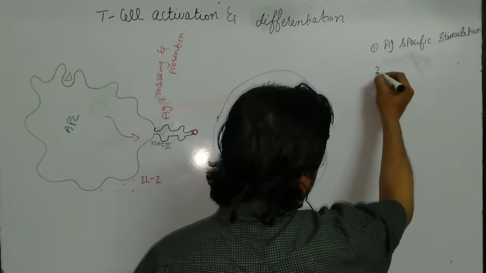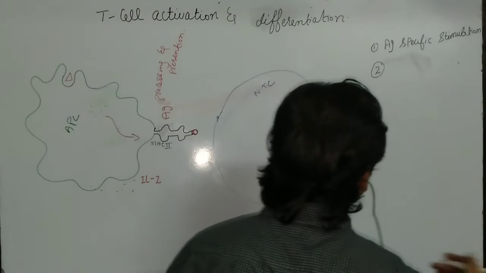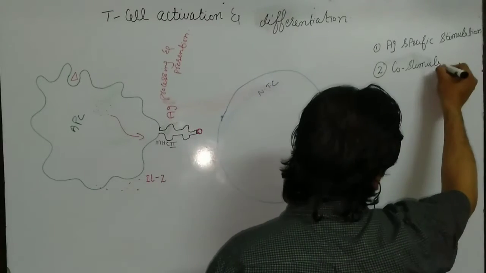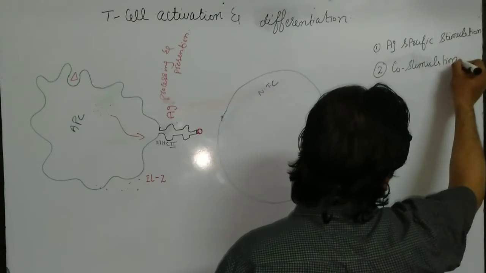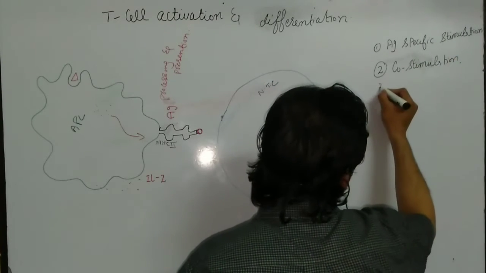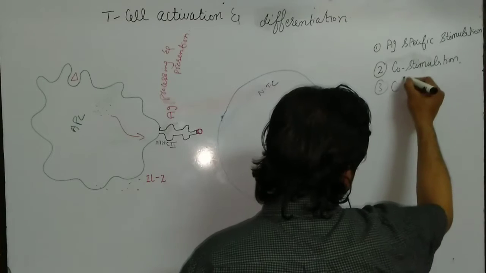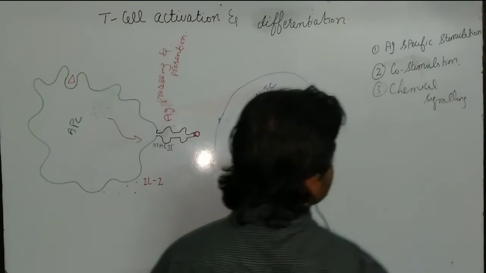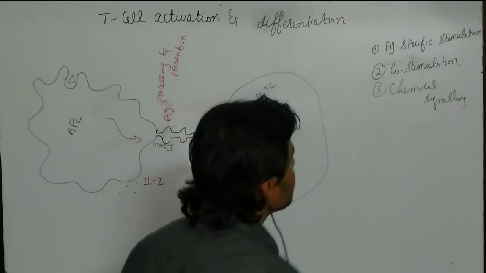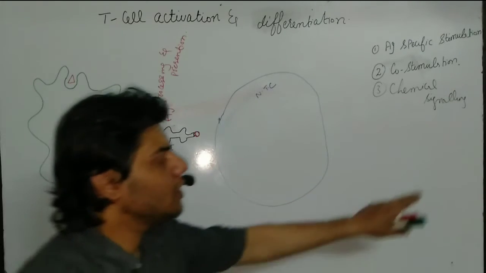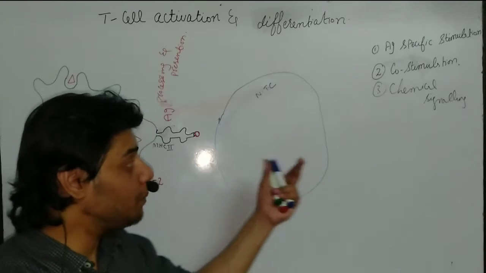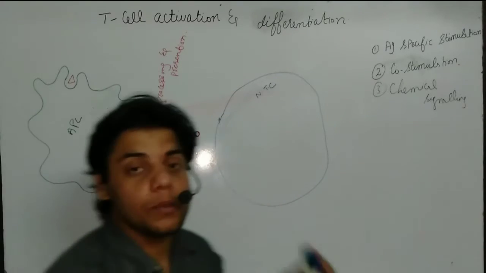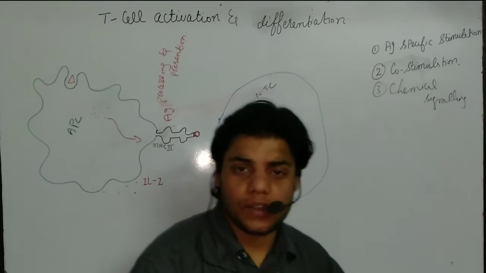Second, we have another pathway for T cell activation, we call the co-stimulator signal, or co-stimulation pathway. Third, we have chemical signaling, or we call it the potent signaling pathway. Okay, so these are the 3 pathways. Due to these 3 pathways, the cell becomes activated, and after this activation, it will differentiate into different cells.